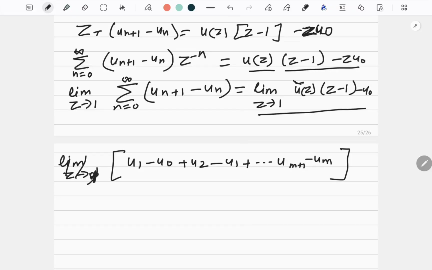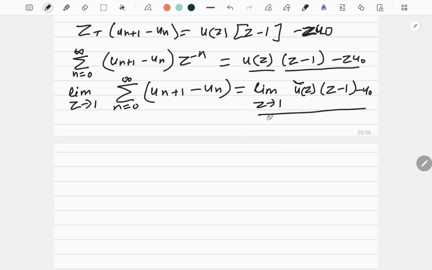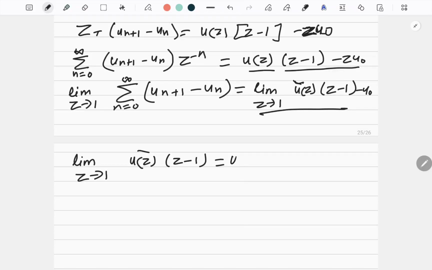Now all of you pay attention here. Before opening this thing, just have a look. So limit z tends to 1 of uz by z minus 1 means this side is equal to u0 plus, here the limit is already applied so it is not required now, summation n equal to 0 to infinity u(n plus 1) minus u(n).